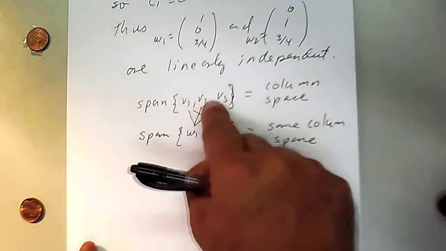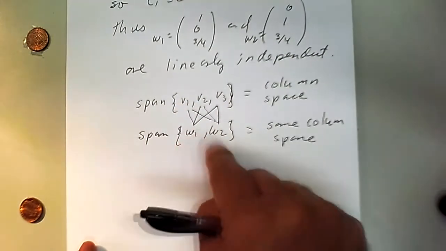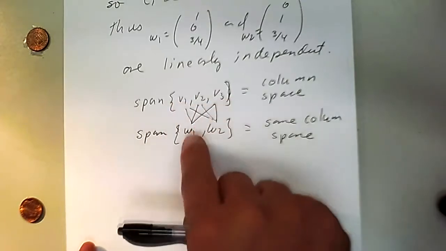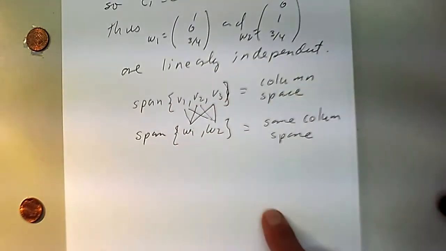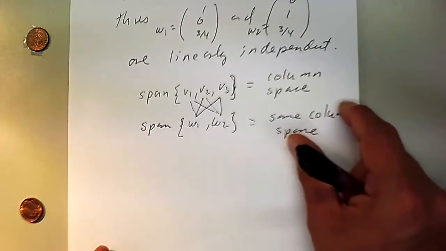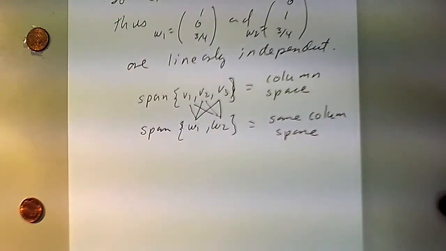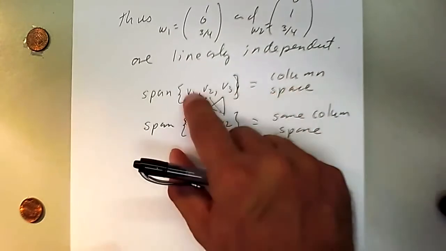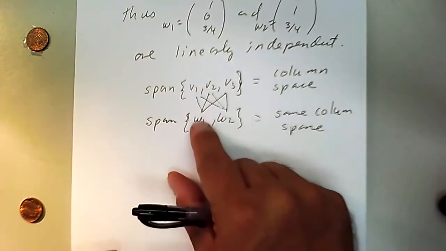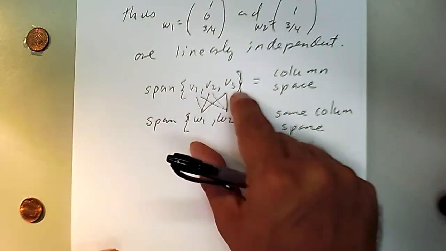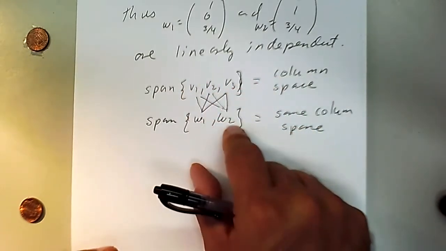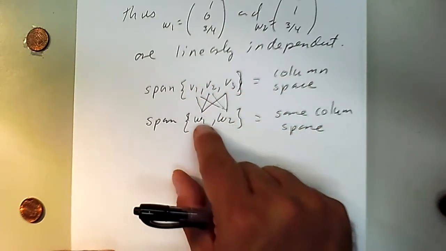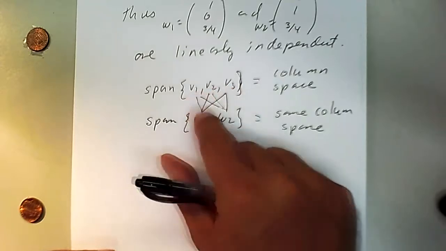If we find two that generate those three, that means those two also generate this space because we're talking about linear combinations. So this space is the linear combination of all those vectors. But if those two generate those, then every linear combination of those three is also a linear combination of those two, which means that at least one of those is redundant.